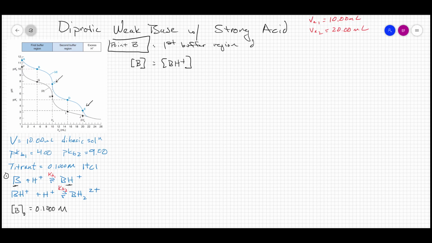But the same process here, using the Henderson-Hasselbalch, would be true anywhere between points A and C. So the same process is going to be used here, which just means that you need to use the first Henderson-Hasselbalch equation to compute this. So Henderson-Hasselbalch is pH equals pKa plus log base over acid.